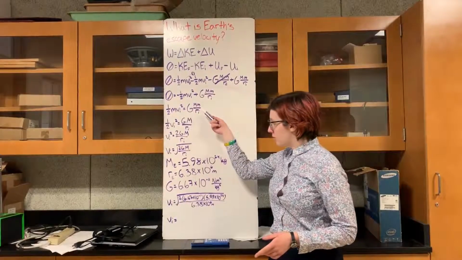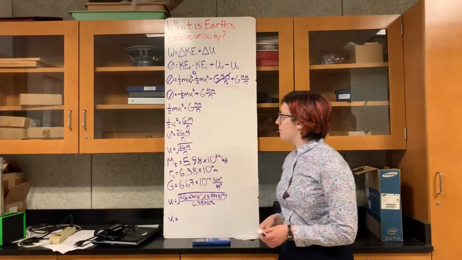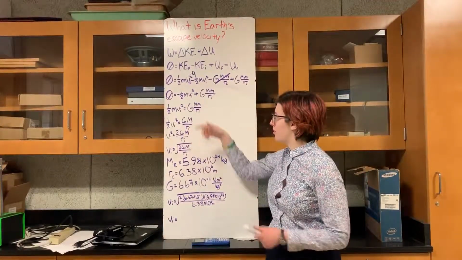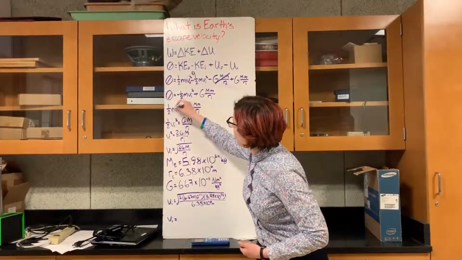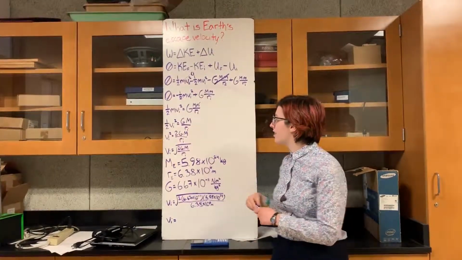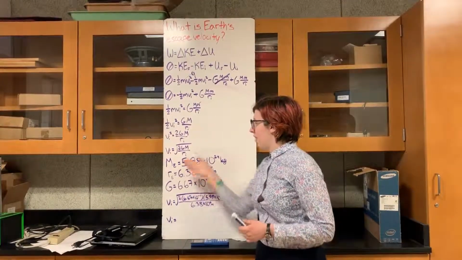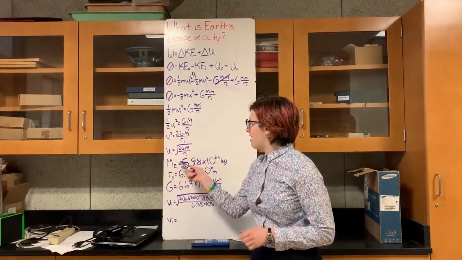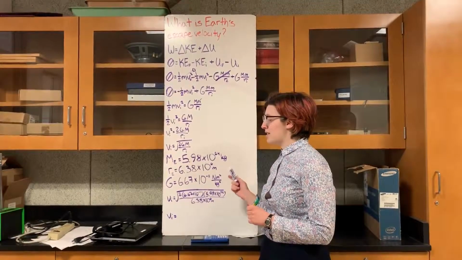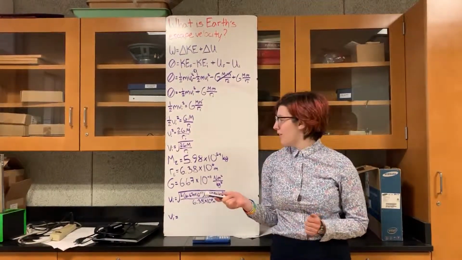Then it's just algebra from here on out. We multiply by 2, cancel out the little masses, and put the 2 to the other side, and we end up getting the escape velocity is equal to the square root of 2 times G times the mass of the Earth over the radius of the Earth.